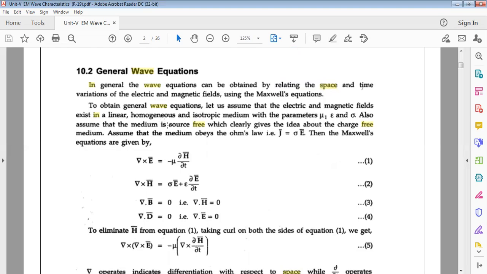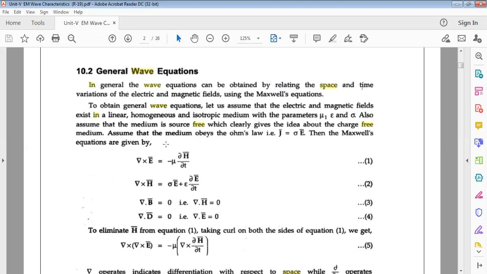Also assume that the medium is source-free, which means a charge-free medium. Assume that the medium obeys Ohm's law: the current density J bar is equal to sigma into E bar.